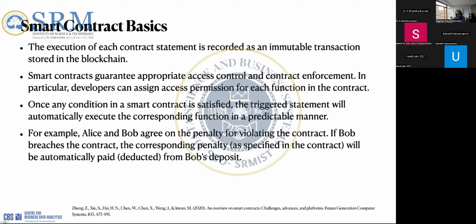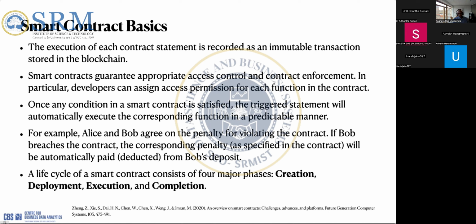Once the condition in a smart contract is satisfied, the corresponding functions are executed automatically. And you can also specify access rights at the function level, so there is very good scope for defining fine-grained access controls at the function level and things like that.